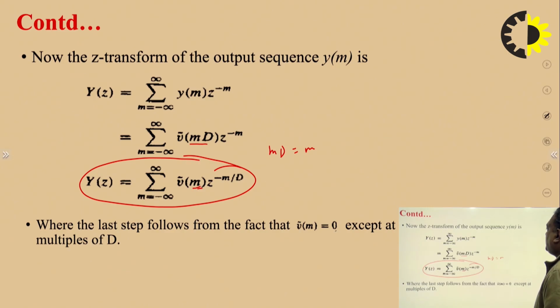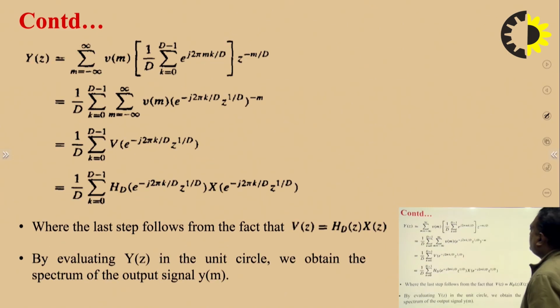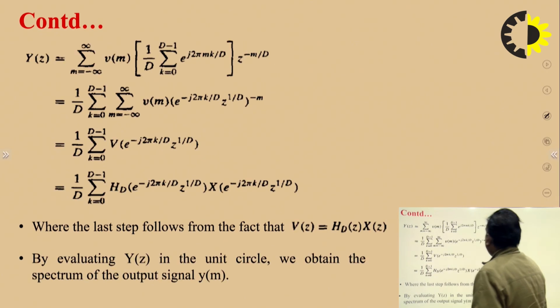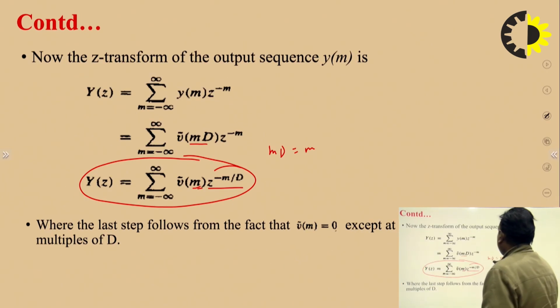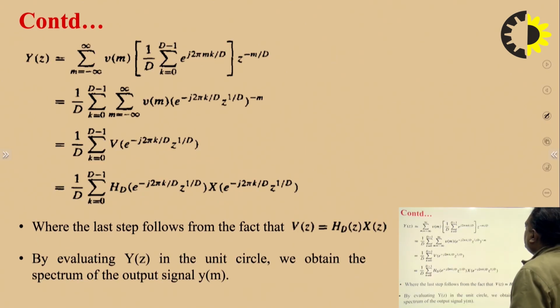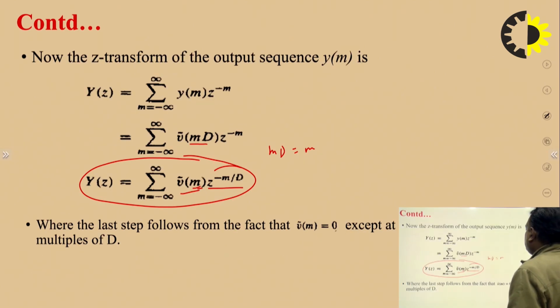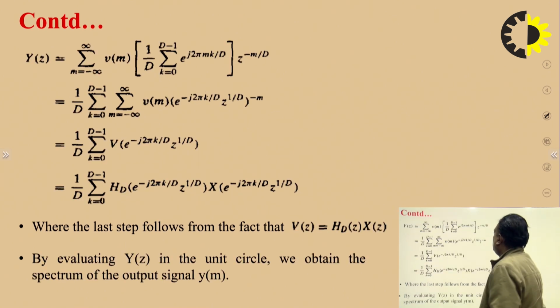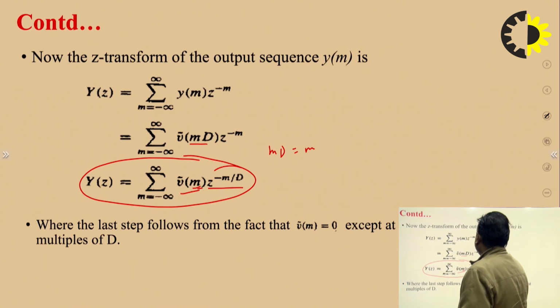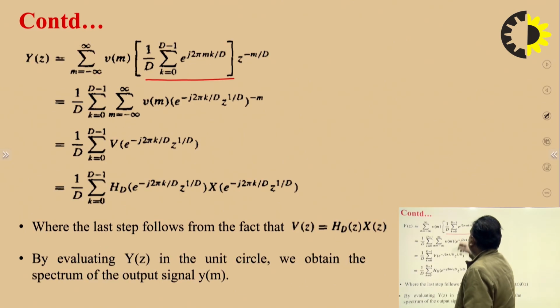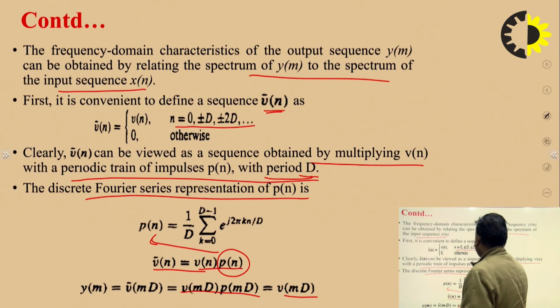Again we take summation m equals minus infinity to infinity, v tilde(m) into z to the power minus m by d. Here v tilde(m) is v(m) into p(m), putting n equals m.